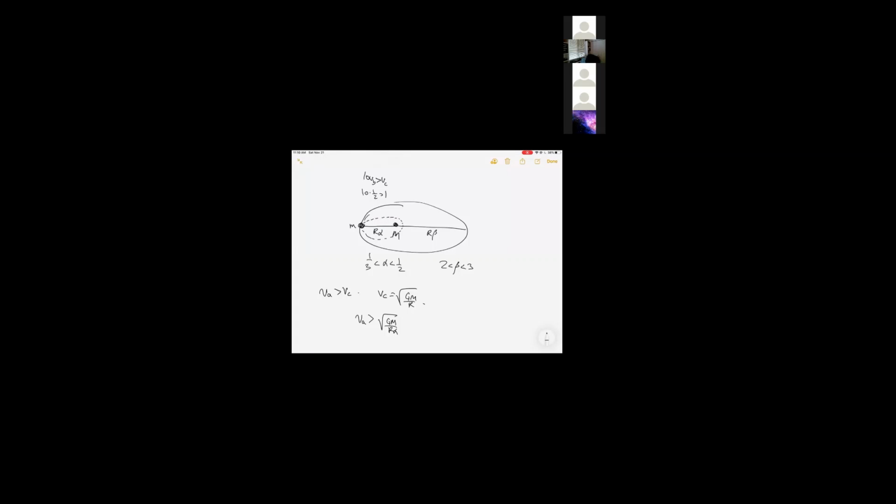If you throw it with a larger velocity, you'd get something like this, eventually until you get circular orbits. The scale of this picture is wrong, I guess. You'd have to keep increasing your velocity until you finally get to this large elliptical orbit. And this is because it is much closer to escape velocity than it is to circular orbit velocity. So VA is actually greater than root GM over R alpha, and therefore greater than or equal to root GM over R. So this proves that VA is bigger than VC.